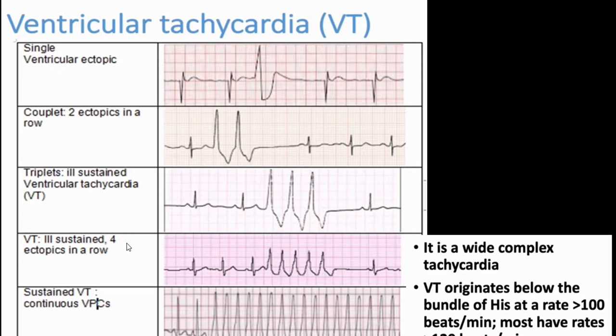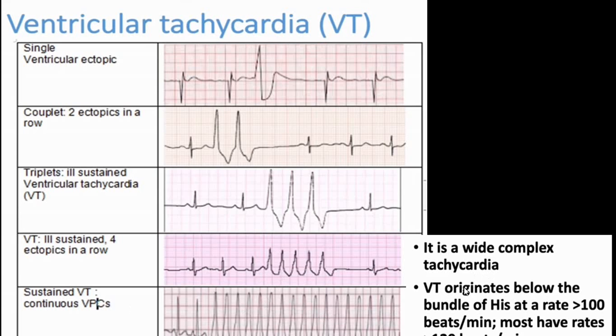And when they are more than three, we usually use the word sustained ectopics or sustained ventricular tachycardia, because the rate is always more than 100. If it lasts for more than 30 seconds, we usually term that sustained ventricular tachycardia, continuous, like this. Ventricular complexes are wide complexes.